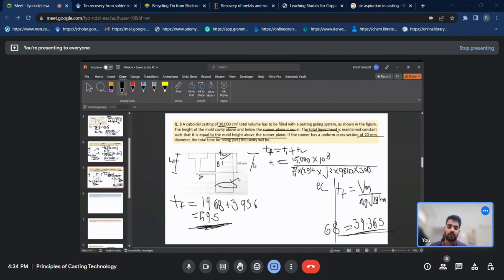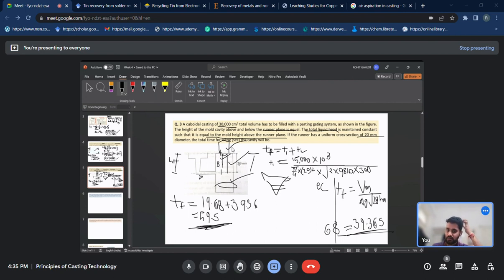The shape of the gate which needs to be filled may get complicated, like trapezoidal or conical, which may be given in the exam. So you may need to calculate via the integration method, or there might be a provision of a riser given above the bottom gating system, or some hollow kind of cavity you need to fill.